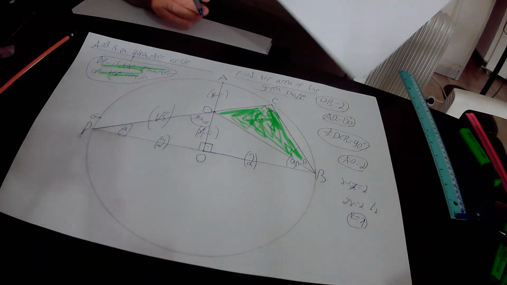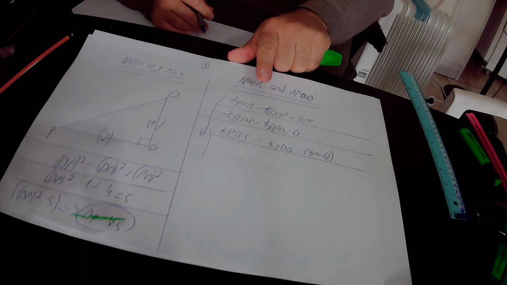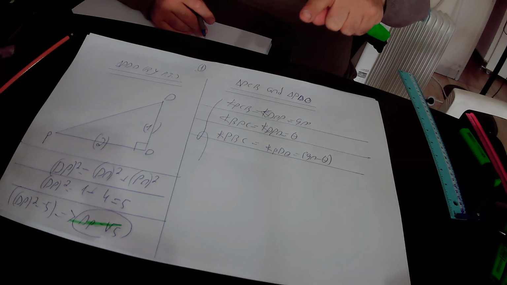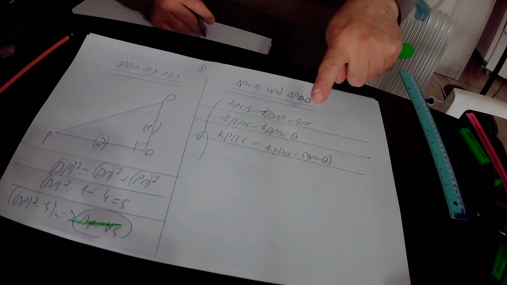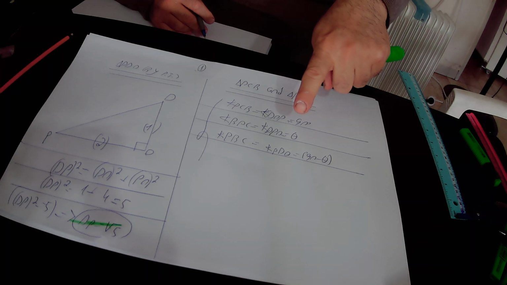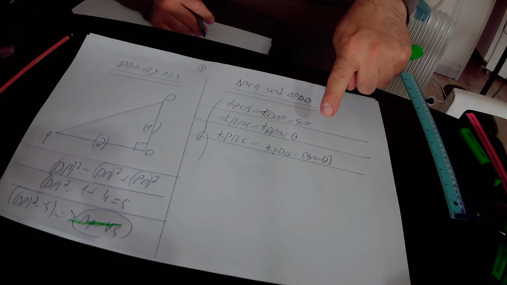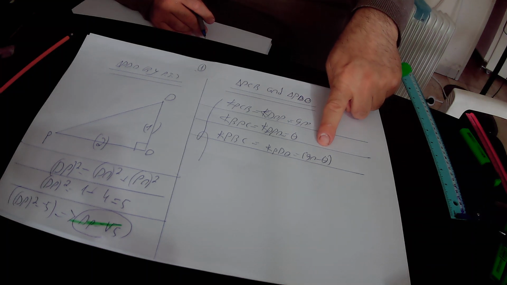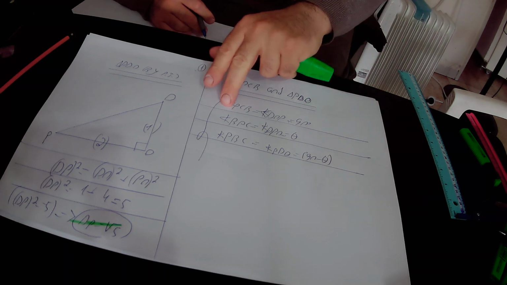Repeat again, we found out that angle PBC in the big right triangle PCB equals angle PDO in the right small triangle PDO. They are both equal to 90 degrees minus theta, therefore they are equal to each other.